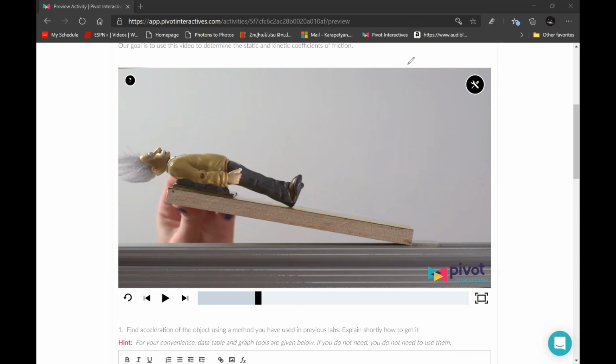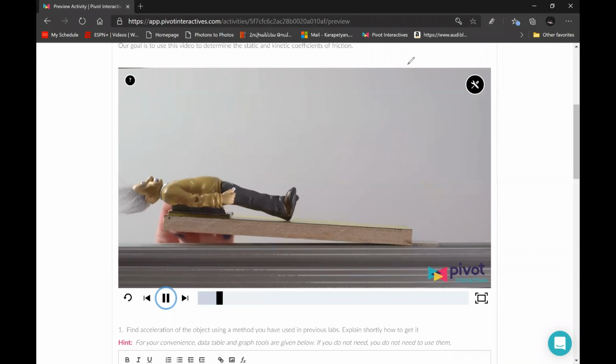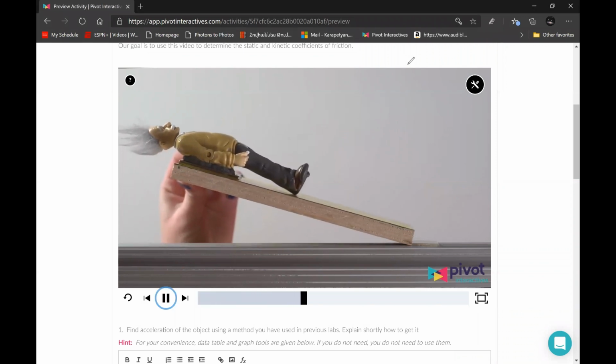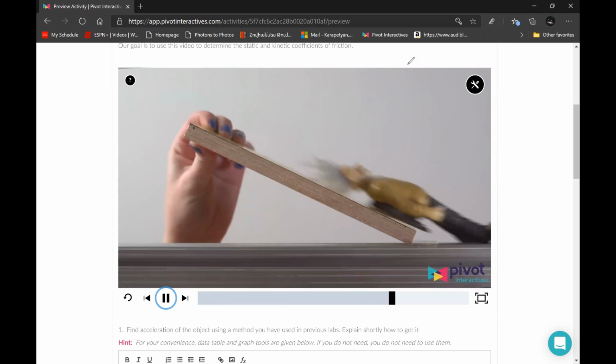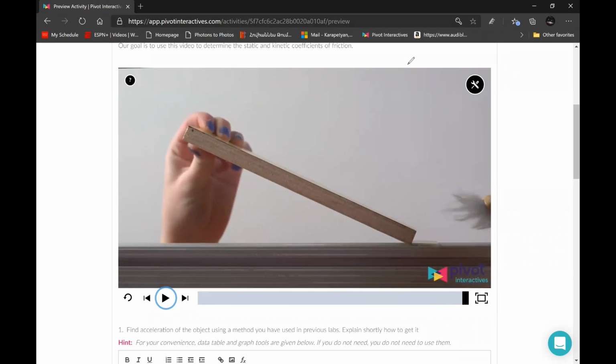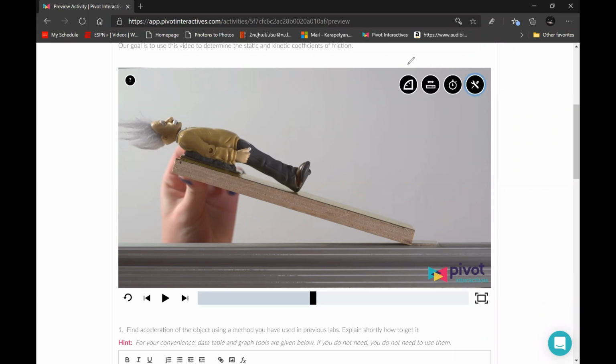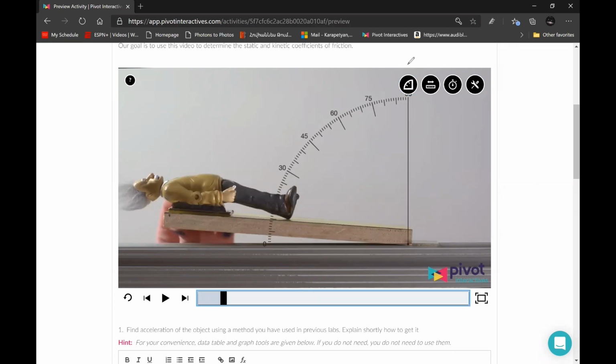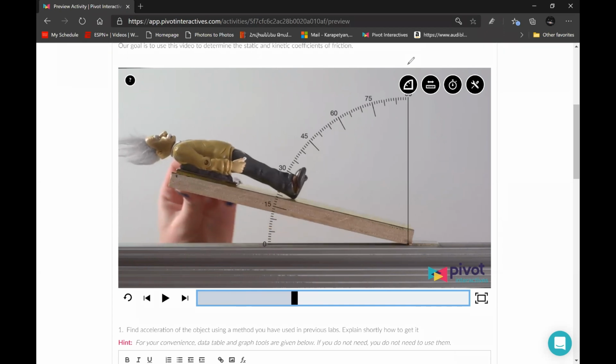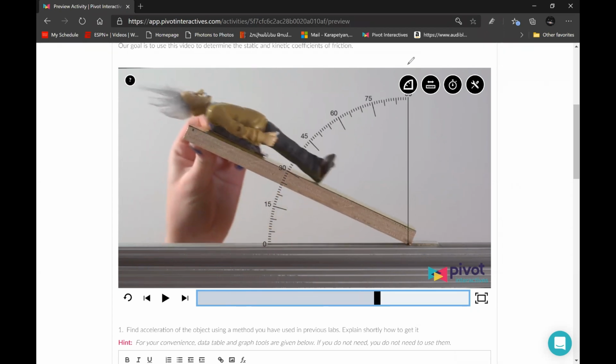You should be able to see that here. There you go, we're getting closer and closer. We reach the critical angle and then it starts sliding down. In this example, we can take a protractor and put it here, and see that it's 0 and increasing.